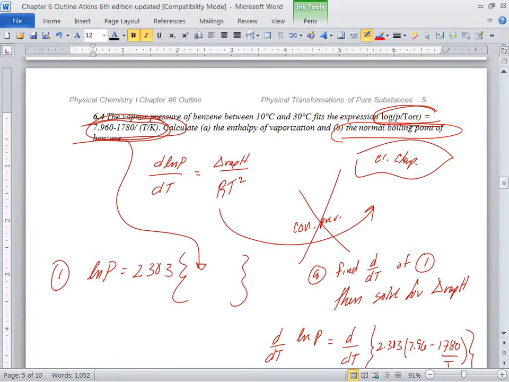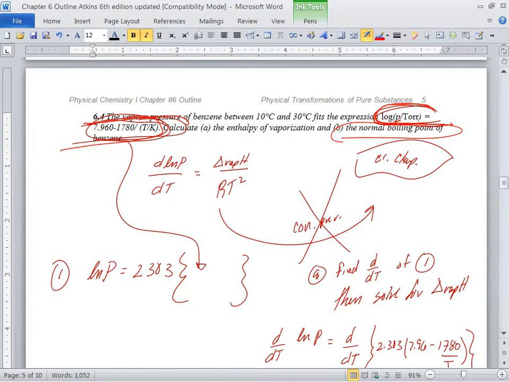What I'm thinking is that we use this relationship that they gave us. Since we're not supposed to use liquid-vapor Clausius-Clapeyron, we're supposed to be using this expression.